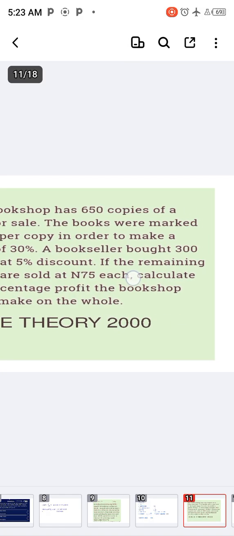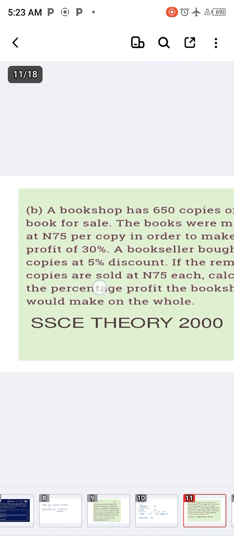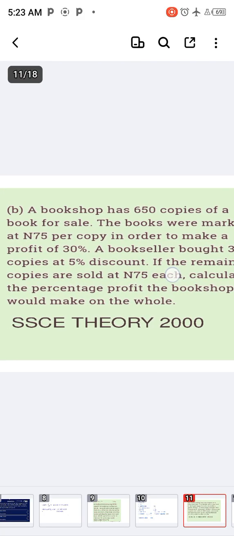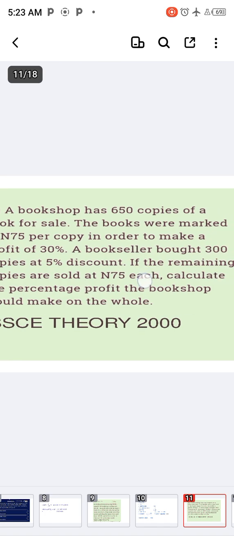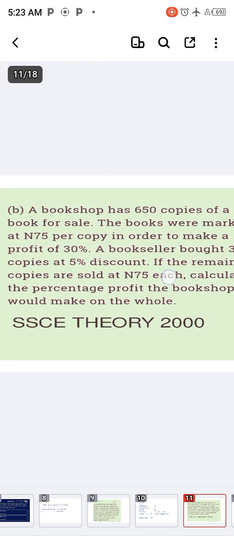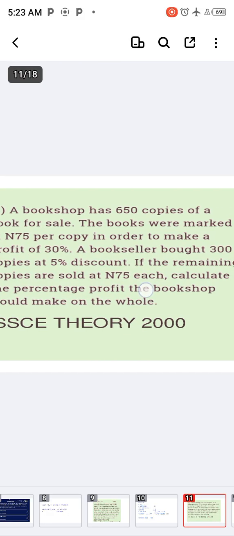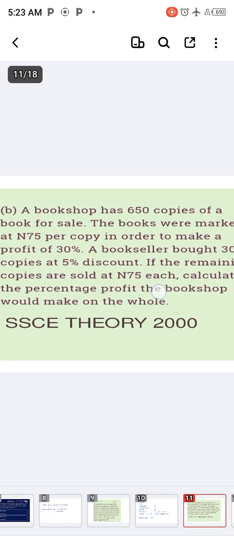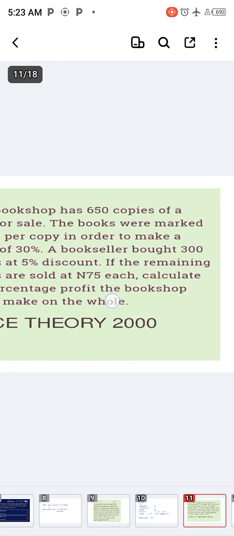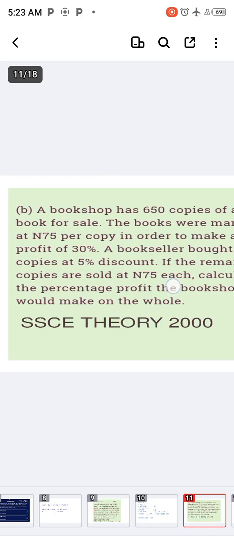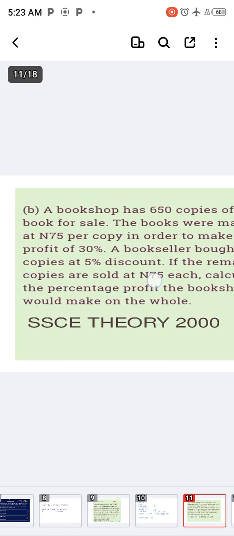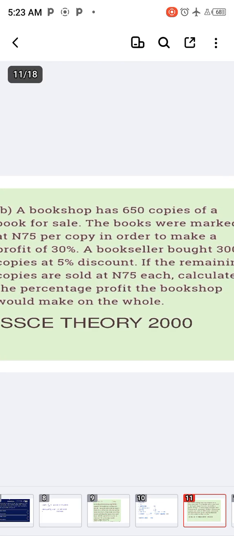The books were marked at 75 naira per copy in order to make a profit of 30%. A bookseller bought 300 copies at a 5% discount. If the remaining copies are sold at 75 naira each, calculate the percentage profit the bookseller will make on the whole goods.